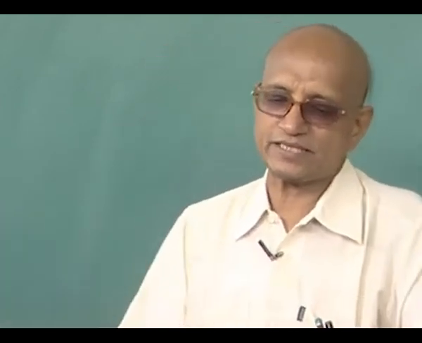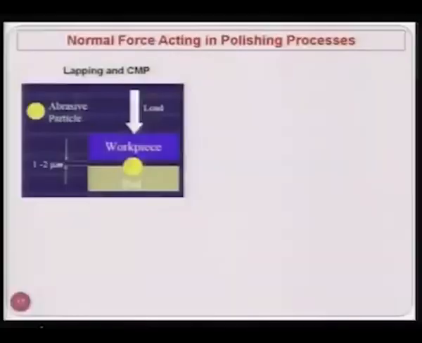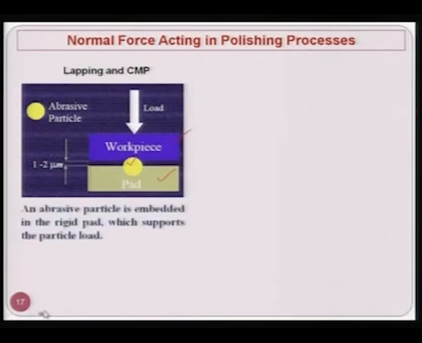And as you can see here, the kind of force that is acting on the workpiece surface: here the load is acting, and here is the pad, and here is the abrasive particle which is finishing the workpiece surface. In this case, the abrasive particle is embedded in the rigid pad which supports the particle load.